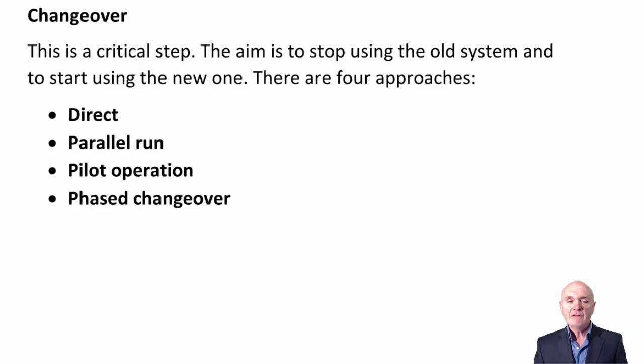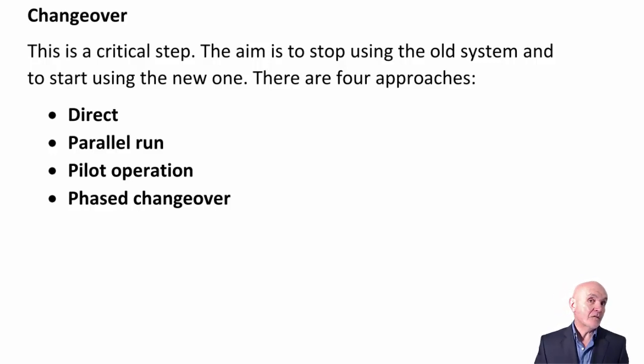It means if there's something wrong with the software system, the damage is confined to one part of your organization. It allows you to perfect the software there. It allows you to get expertise there. And once you feel comfortable within one branch, you spread it, hopefully painlessly, through the whole system. And then there is phased changeover.